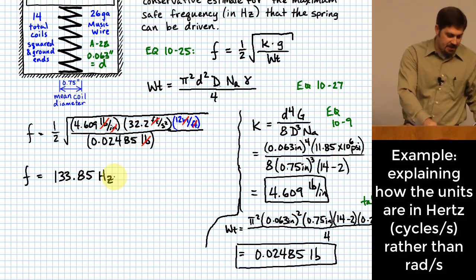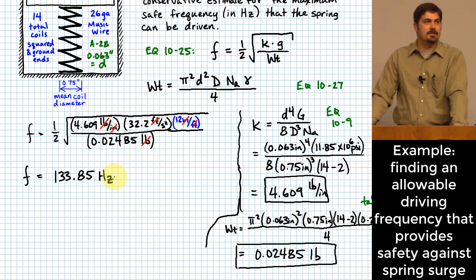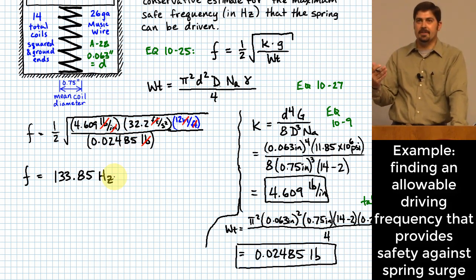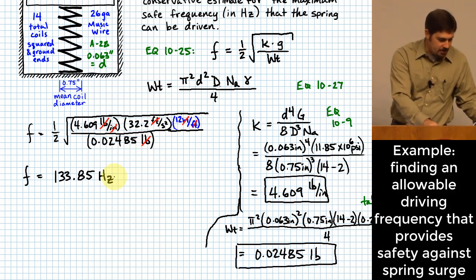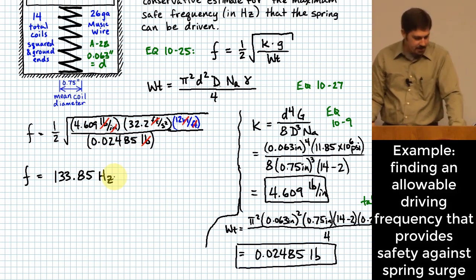So my next question is, do we want to drive it at that frequency? That's probably the last thing we want to do, right? It's not enough to say, don't drive at this frequency. We need to know a frequency range within which we are okay to drive it. So I want to draw your attention to the following page, page 528 if you're in the 10th edition.